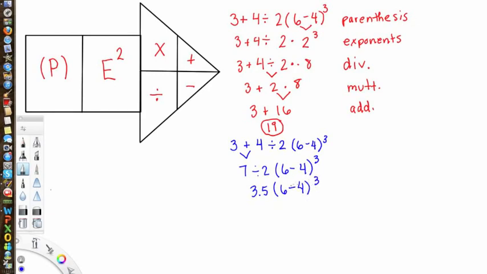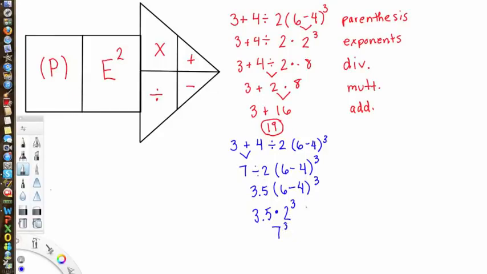Okay, and then I think I'll go inside the parentheses now. 6 minus 4 is 2 to the third power. Okay, I'm multiplying that. Well, I know that 3.5 times 2 will give me 7.